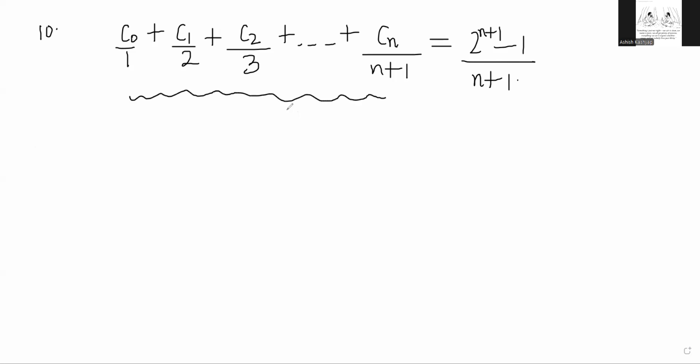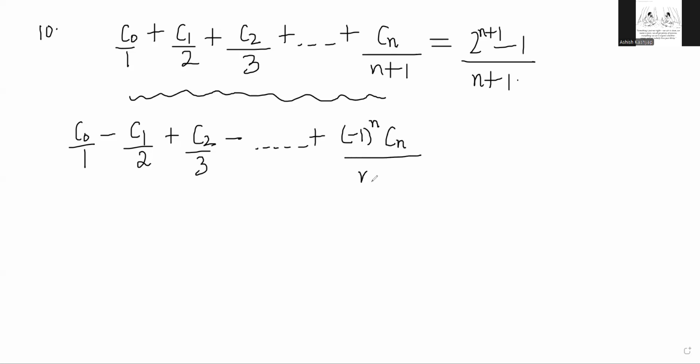For example, you can get a result like C0 by 1 minus C1 by 2 plus C2 by 3 minus... So there are alternating signs here, and it goes on till minus 1 power n Cn by n plus 1.